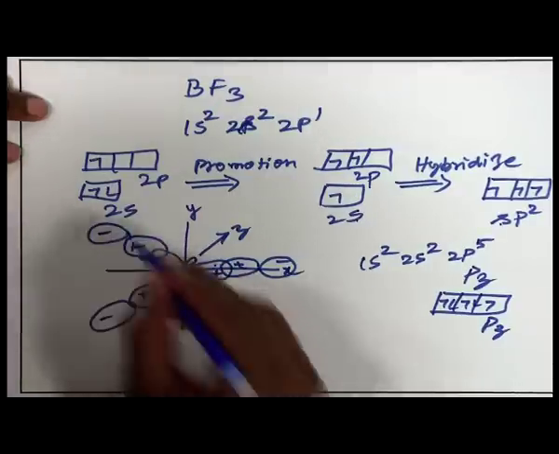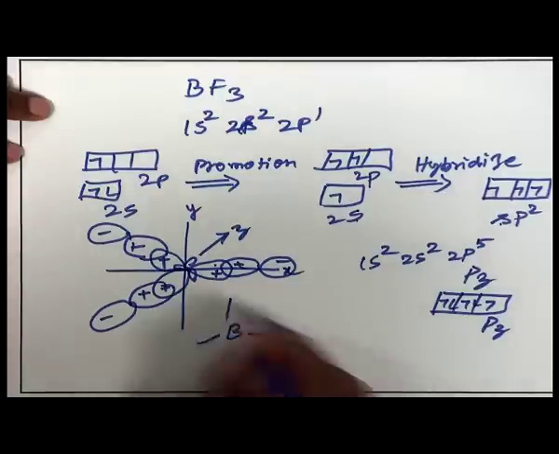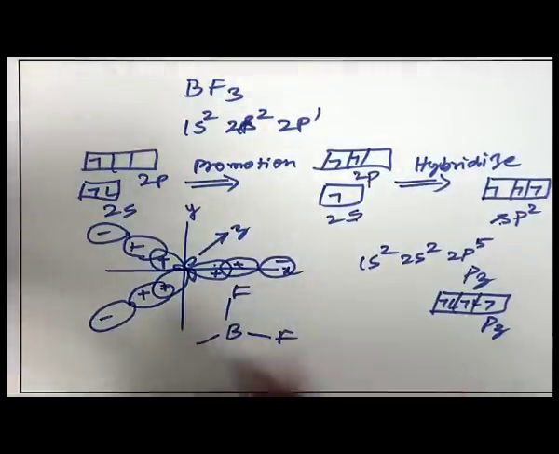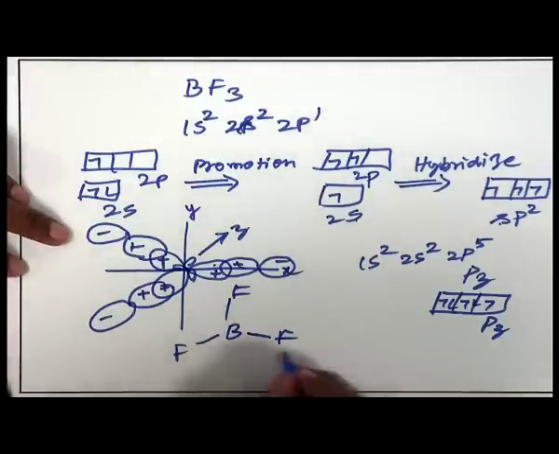So, this is boron like this, trigonal, a planar geometry, an equilateral triangle. The geometry shape of the molecule is an equilateral triangle.